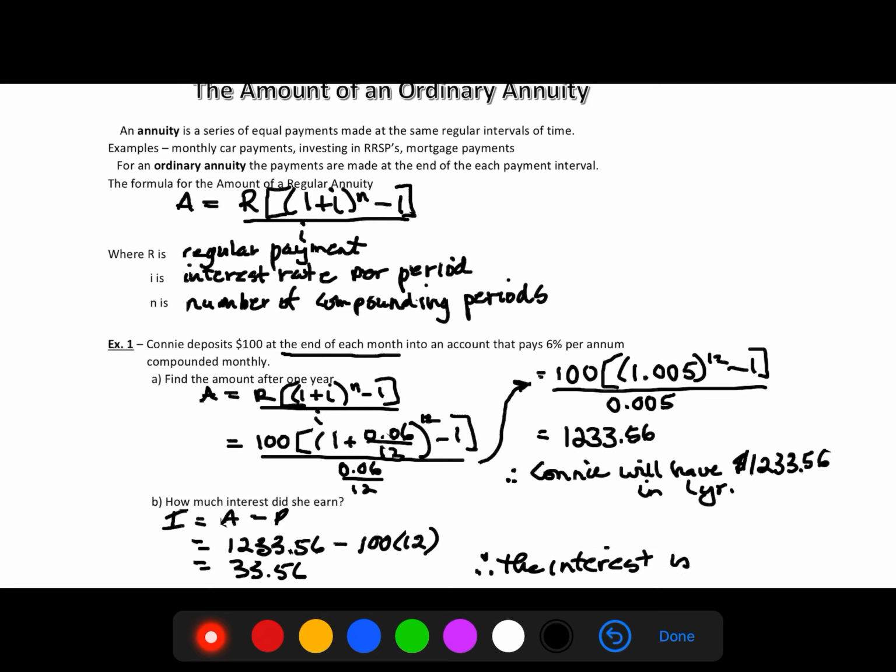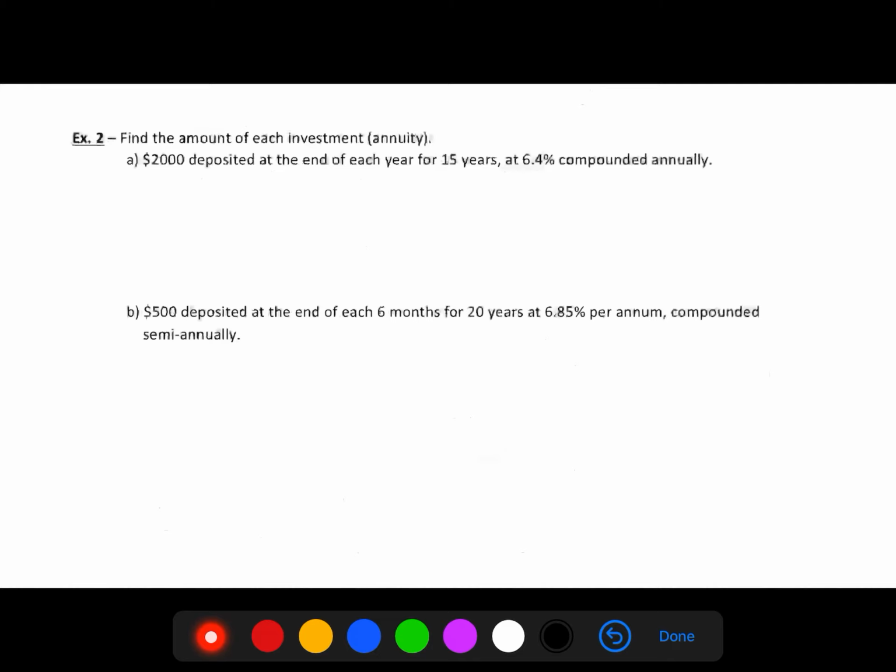So we're going to have 1,233.56 minus 1,200, which means that the interest is $33.56. So when we have an annuity, we have to remember that we have to take into account all the payments that were put in.